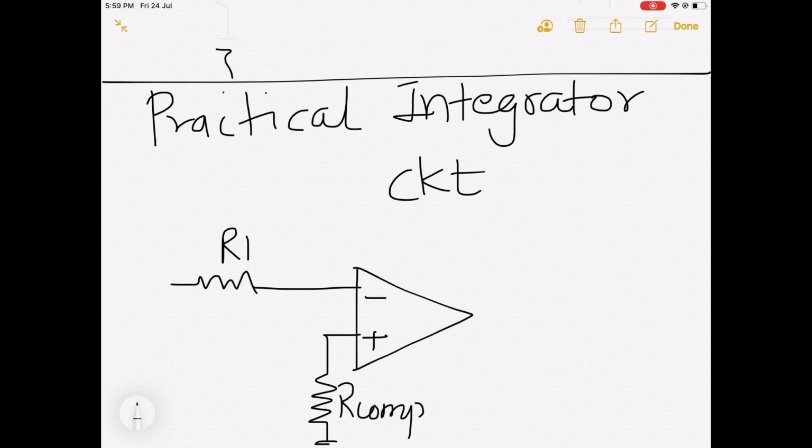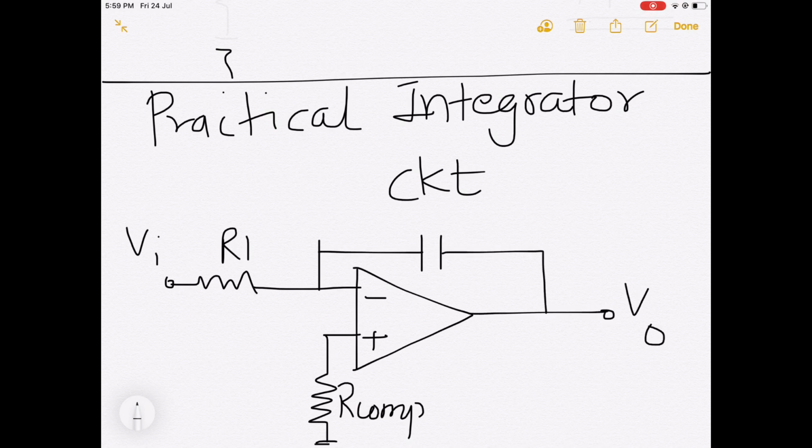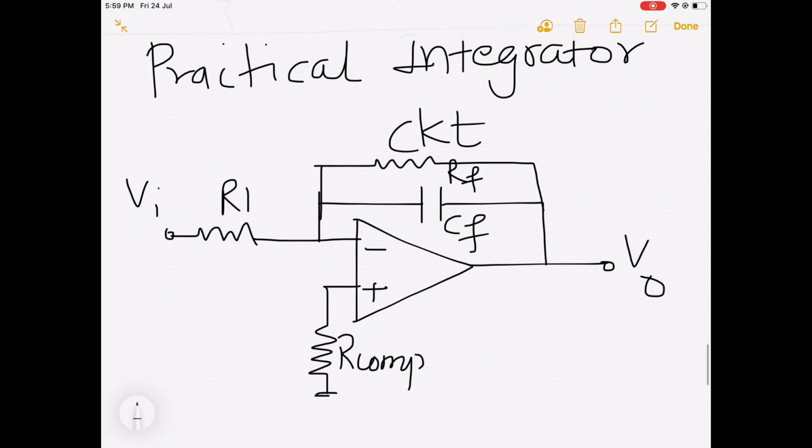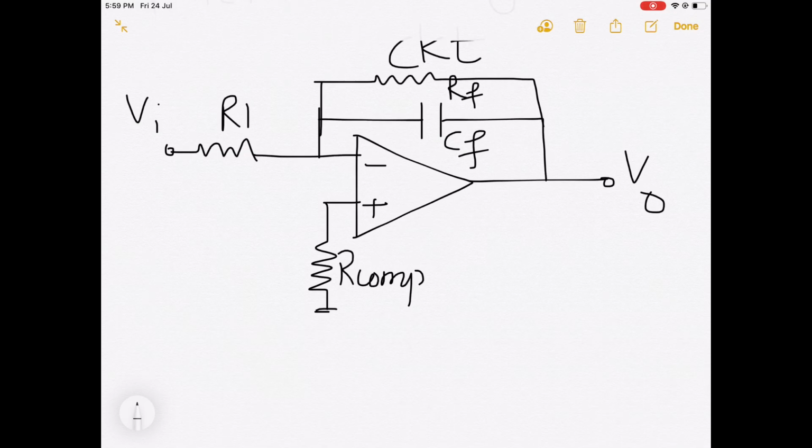Then this input with R1, here is Vi, then there is capacitor CF, this is VO, and then feedback resistor RF. Now in the last session we have seen that at low frequency your capacitor acts as an open circuit, and that is why we have connected RF here.